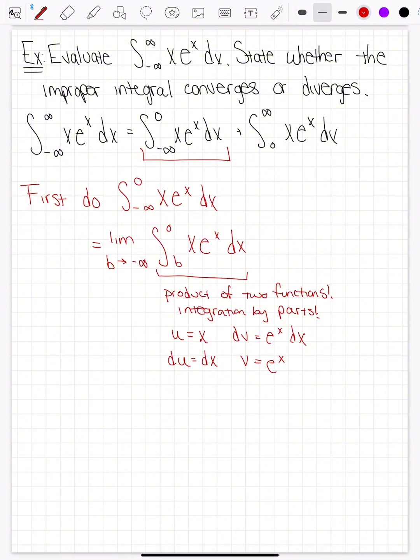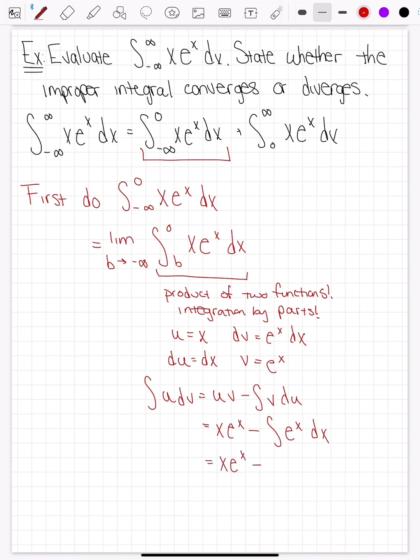Then we know the formula: the integral of u dv is uv minus the integral of v du. So I'm going to plug all my stuff in. My u was x, my v was e to the x, minus the integral, v is e to the x, and du is just dx. And that's an integral we can do.